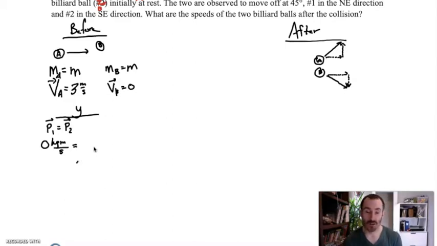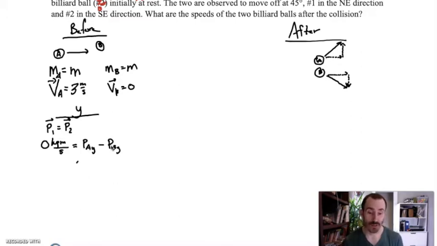So we have ball A, P, A, Y, minus P, B, Y. Okay, so this is saying we know they're going opposite directions.